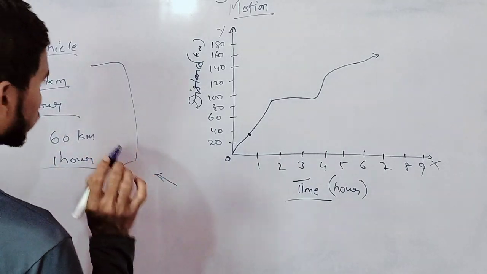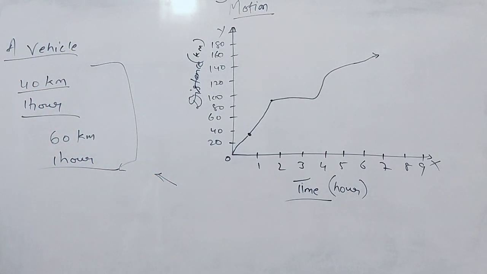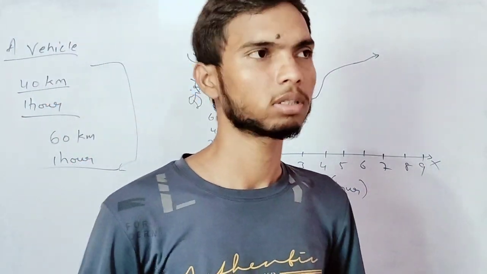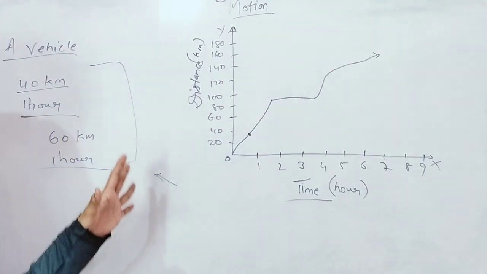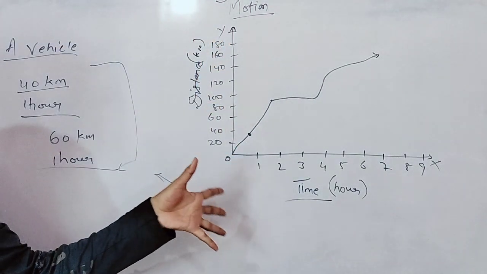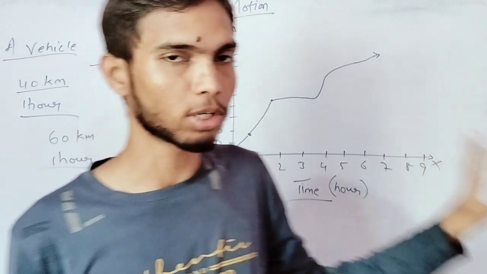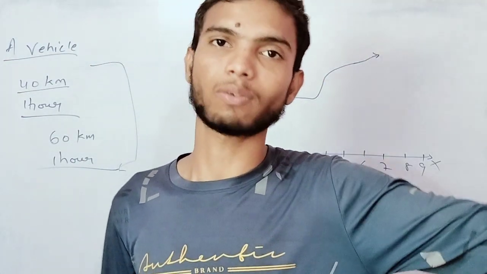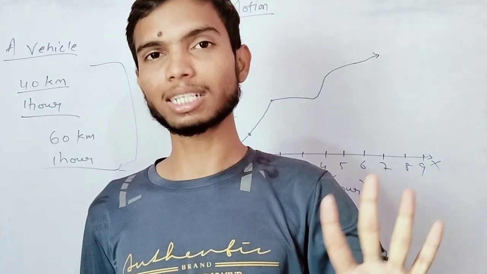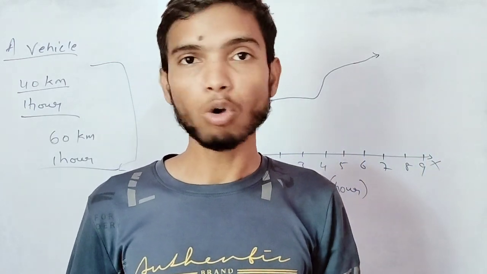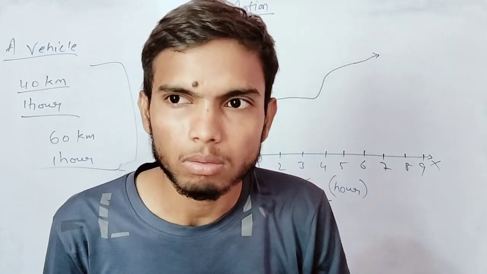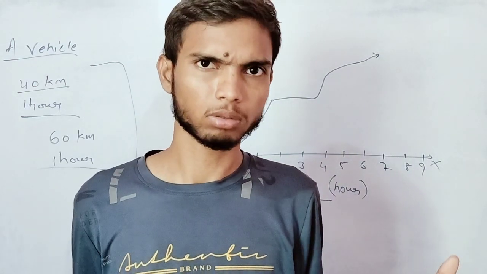Clear? So from the graph, any kind of motion can be observed. We express what is in the graph in a mathematical way because it will not be possible for a lot of questions.